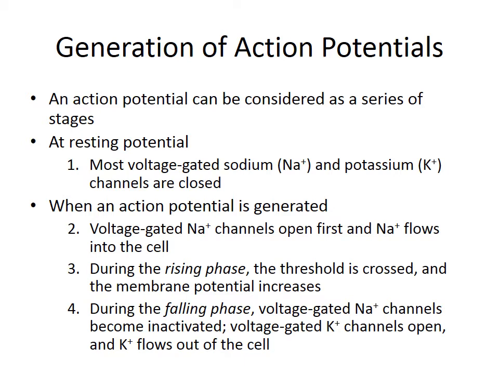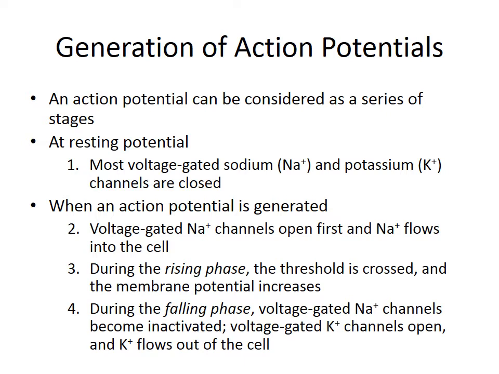So generation of an action potential. An action potential can be considered as a series of stages. At resting potential, which is number 1, most voltage-gated sodium channels and potassium channels are closed. All right. When an action potential is generated, voltage-gated sodium channels open first, and sodium flows into the cell.